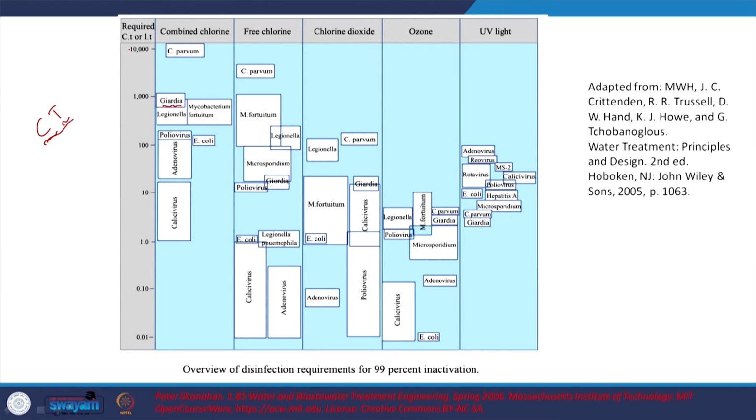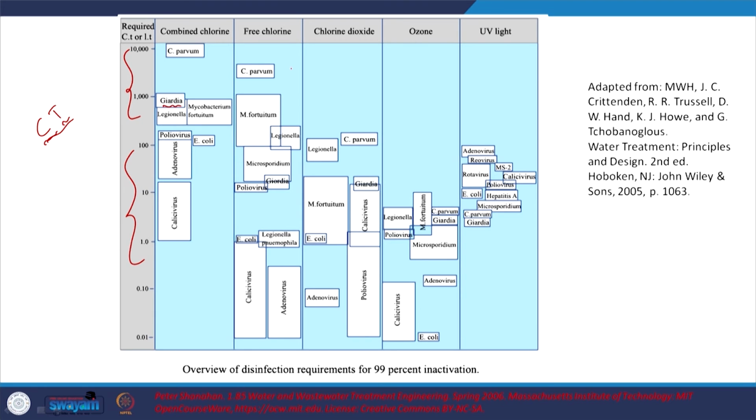For that you need a lot of contact time, or high concentrations and high contact times, as you can see here. But within acceptable CT values, you see that a few viruses can be inactivated.